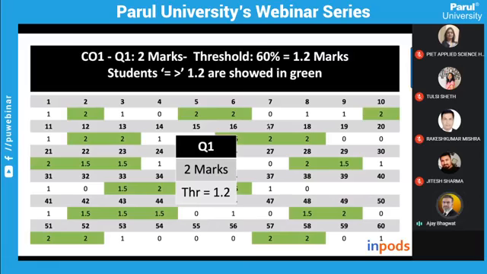So this is what we have done now, and now we will compute the attainment percentages. So coming back to question 1 of 2 marks, the students are represented by these bold numbers, and this row that follows has the marks scored by them. And the students who are shown in green boxes are above the threshold value, 1.2. And that's why they are shown in green, and rest of the students are shown in white boxes because they are below 1.2 threshold value.